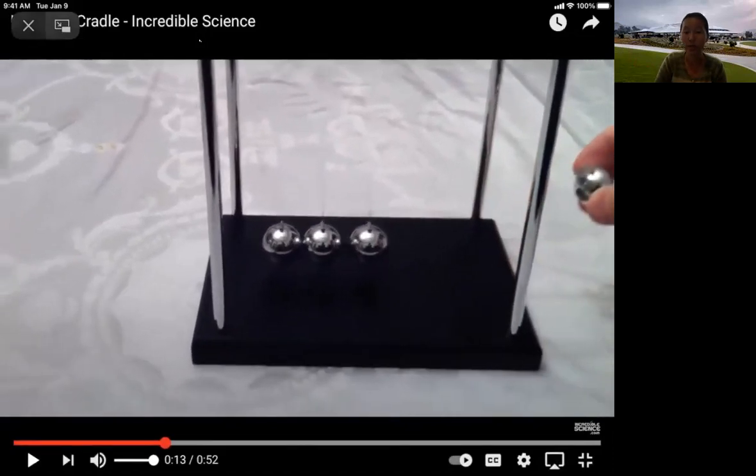Now this person picks up 2. Any predictions? If you release 2, how many will go up on the other side? Yeah, 2 will go up. Very good. Let's see.